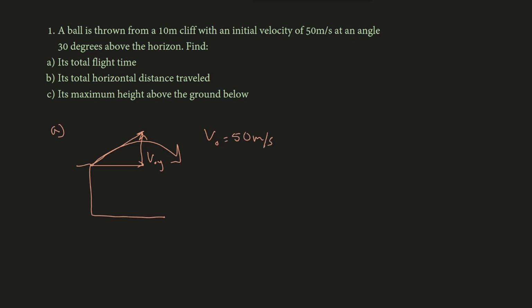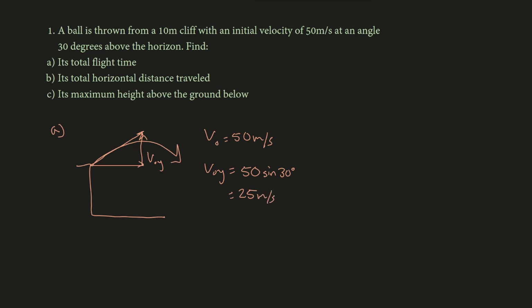So from here, we can just use our trigonometry to find that v0 of y is equal to 50 meters per second, ignoring the units for a second, times sine of theta, which is the angle, right? And conveniently, it's given that it's 30 degrees. So if you know your unit circle, you know this is just going to be 25 meters per second. So that's the first step.